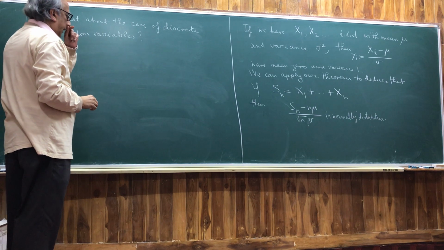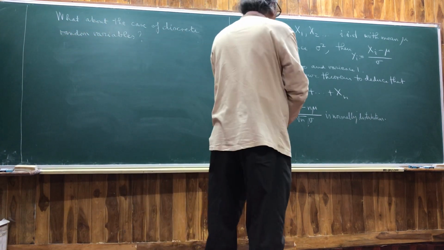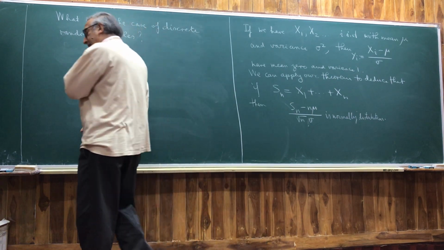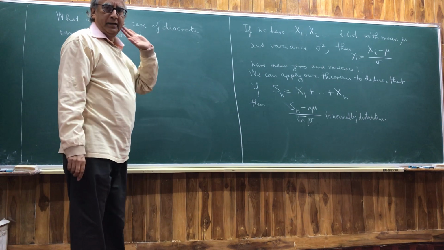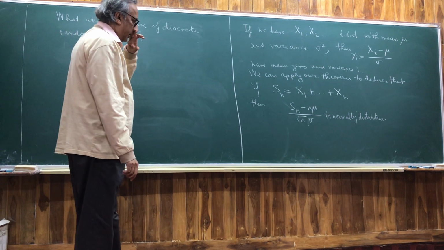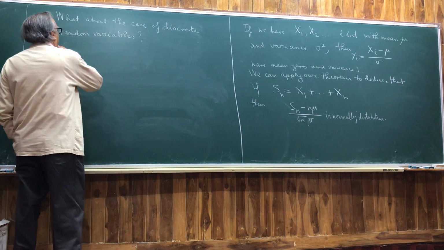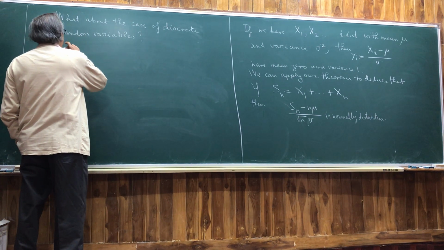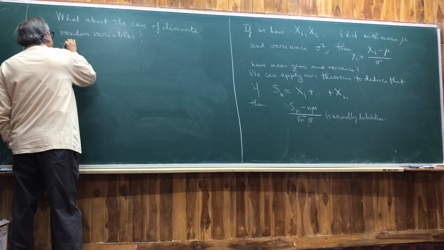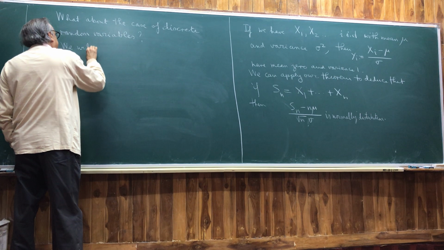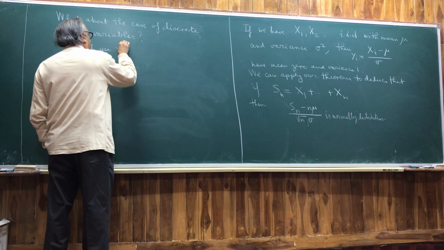Well, in this case, there's a general methodology, and this methodology could have also been used to prove the central limit theorem. It has to do with what are called characteristic functions. Let me explain this. We will use the theory of characteristic functions.